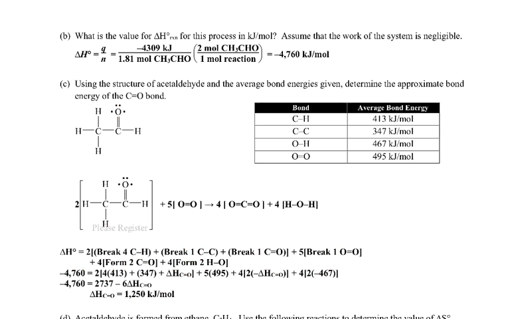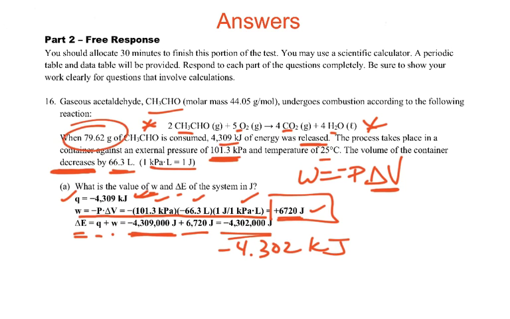Okay, the next one, what's the value of the delta H? Okay, so the delta H for this reaction is the heat divided by the moles. So we have to go back to this fact that we had 79.62 grams, and we know that the molar mass of that, there it is, 44.05.